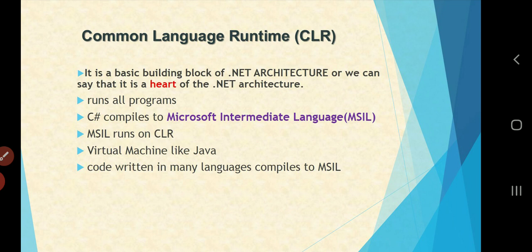C Sharp compiles to the Microsoft Intermediate Language, that is MSIL, and MSIL runs on the CLR. Virtual machines like Java also use a common language runtime as a base. So the code written in many languages is compiled to MSIL and given to the Common Language Runtime, which is shown as a component of this .NET architecture.